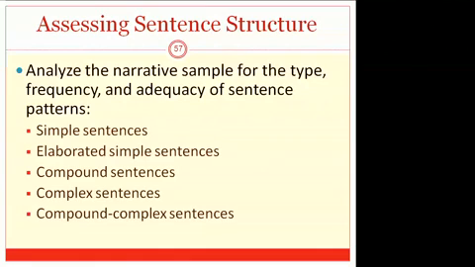We might see when we do an analysis of sentence structure, a student who is able to create simple sentences, but is not able to make elaborated simple sentences, or is unable to create many different types of complex sentences, or when they attempt to use a complex sentence, it creates a sentence that has various errors in it.